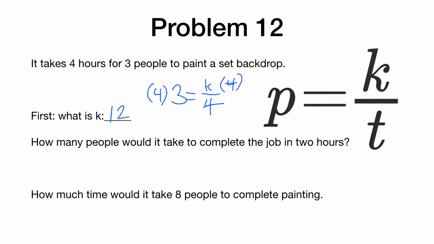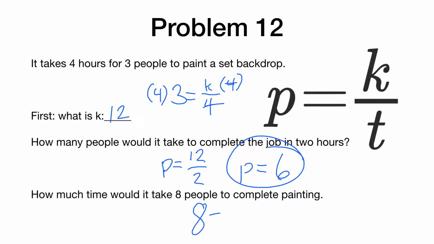So now that I know K is 12, how many people would it take to complete the job in 2 hours? So I'm now looking for people, but I have K, and that's going to be divided by 2. Sorry, I know K. That was the whole point. K is 12 divided by 2, meaning you would need 6 people to complete the job in 2 hours. How much time would it take 8 people to complete?